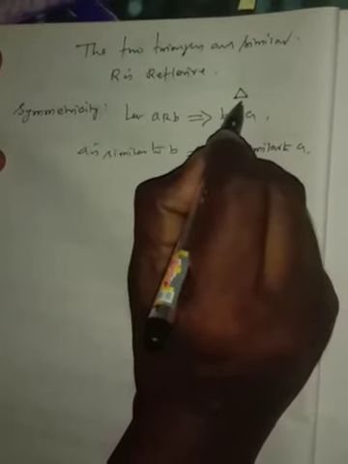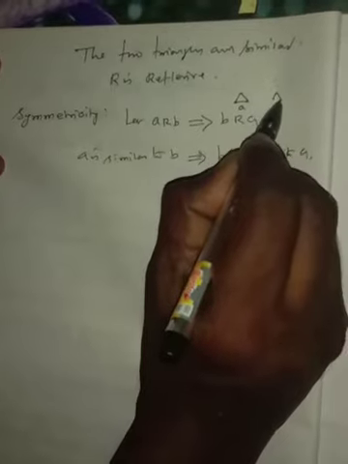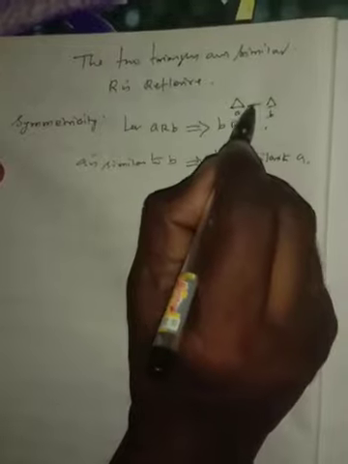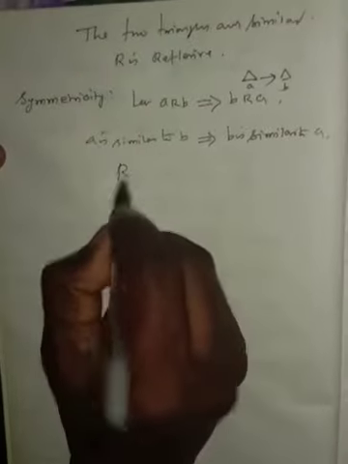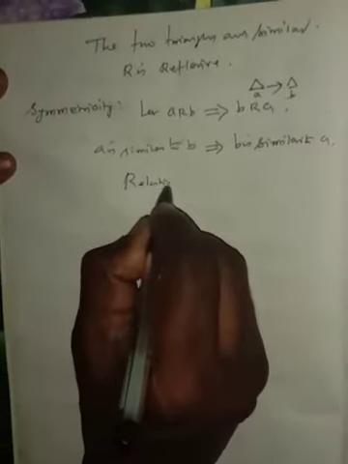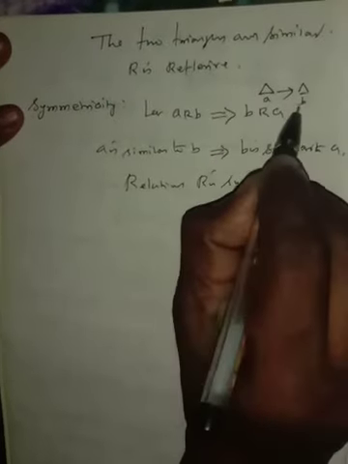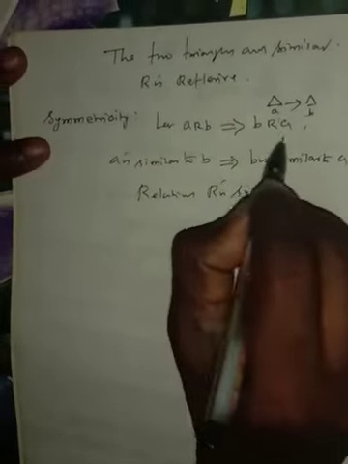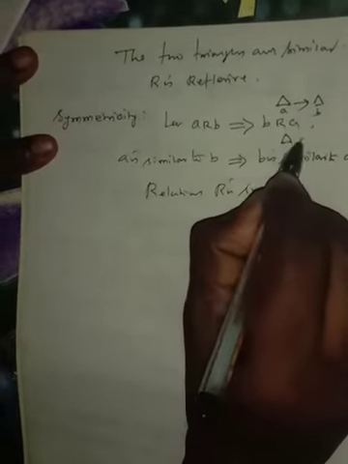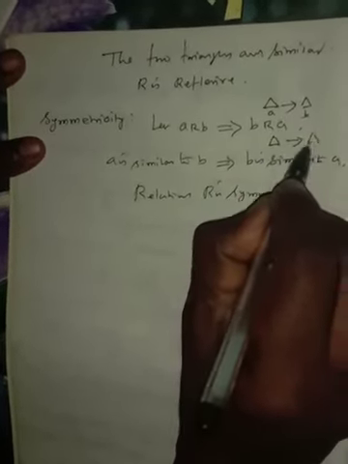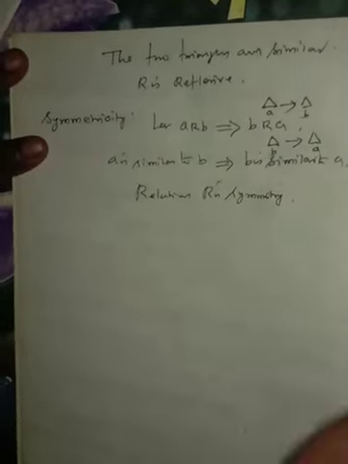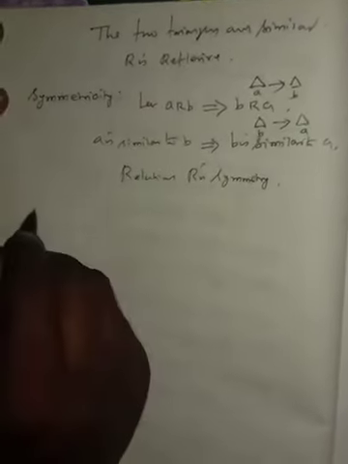One is A, another one is B. These two are similar. Therefore R is symmetric. A is related to B, in this case B is related to A.